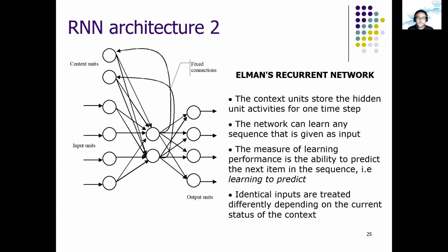The introduction of these context units makes the network behave differently depending on the context. So for the same kind of input, the network recognizes the context because it has the context units, and adapts the output to the context, although the input may be the same. So we have identical inputs which are treated in a completely different way because of the current context.